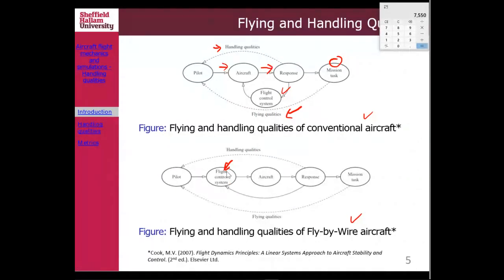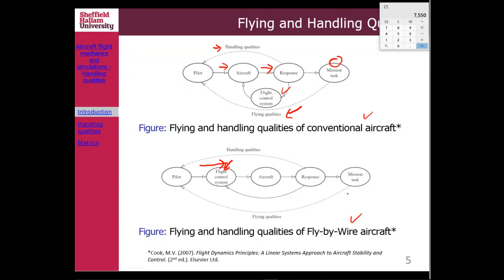So now the flight control system becomes an integral part of the primary signal flow, rather than the pilot giving input directly to the aircraft like the first one here. There is an intermediate medium, the flight control system. The flight control system then influences the dynamic characteristics of your flying quality as well, which is also important in this case. Okay, so I hope that gives you an idea of what handling quality and flying quality are about.